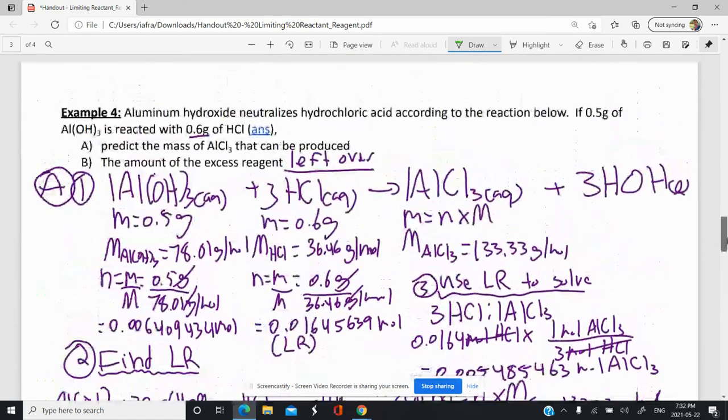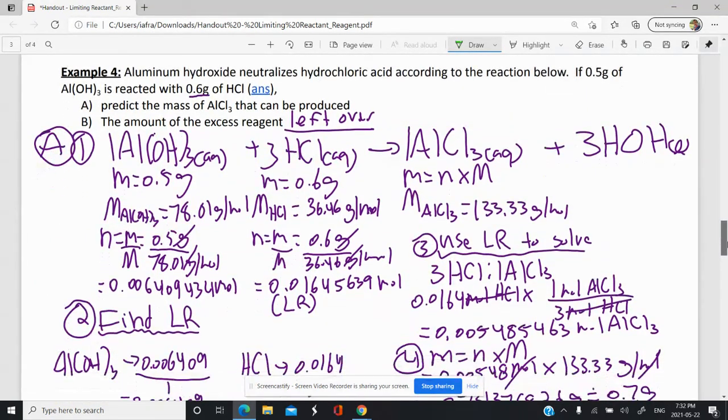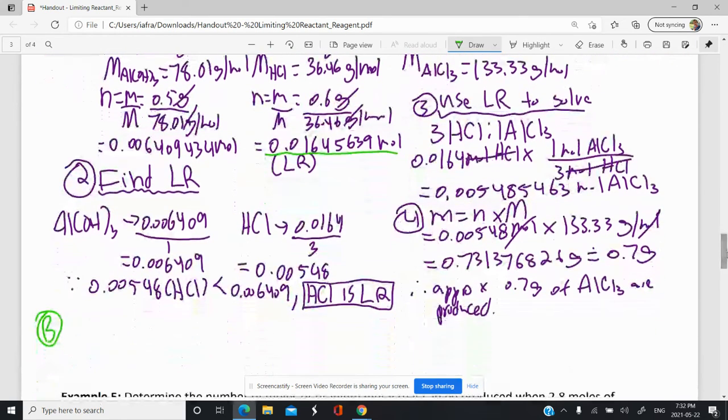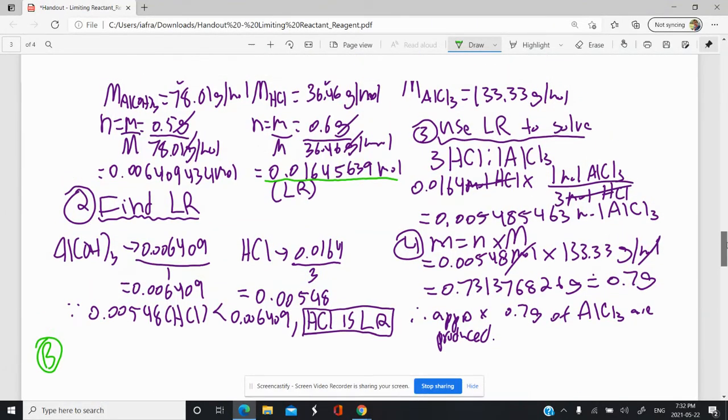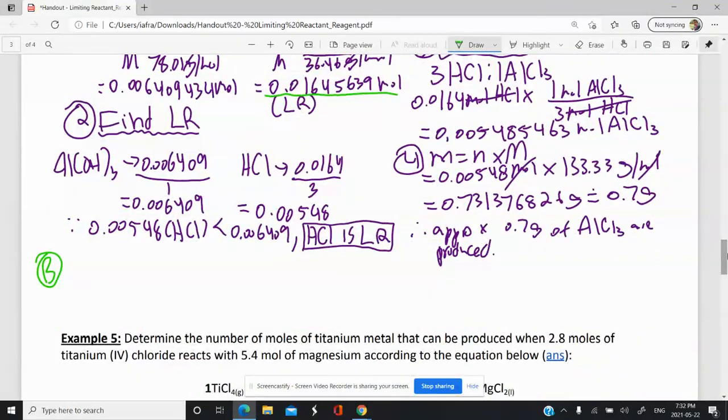You use your limiting reagent to find out how many moles of the excess would have reacted. So I'm going to do a mole ratio to see how much excess would have reacted with that. My ratio for HCl to AlOH3 is 3 HCl for every 1 AlOH3.